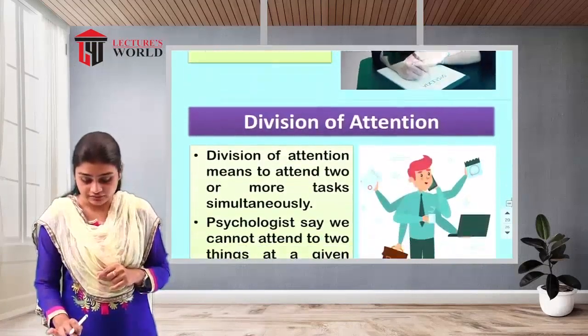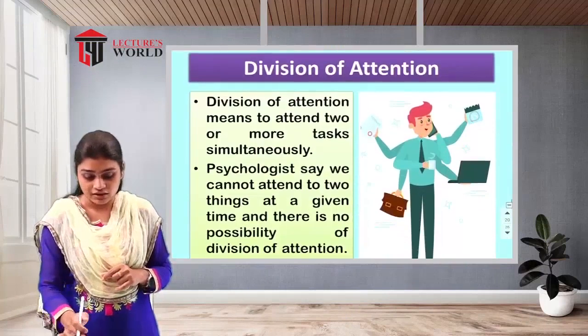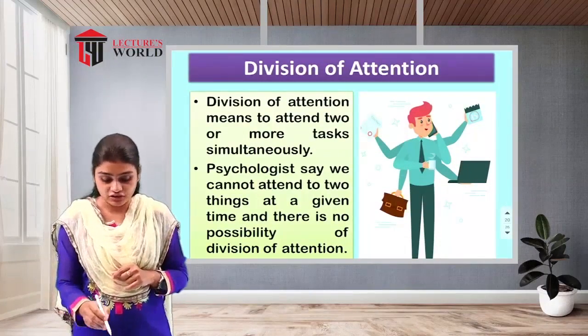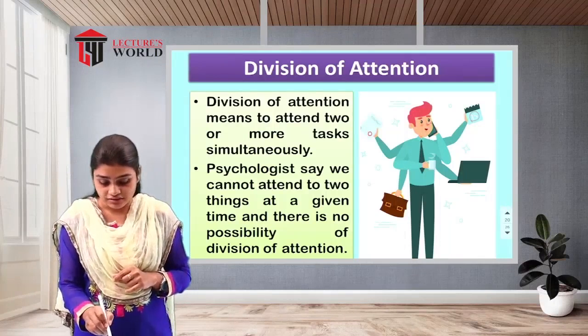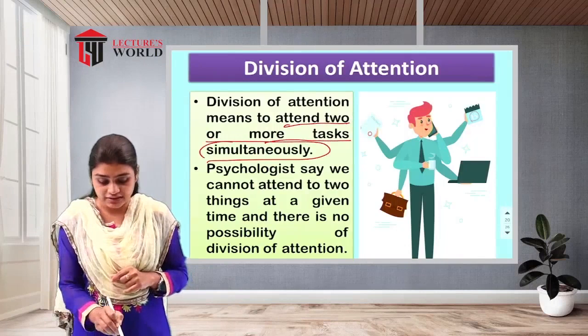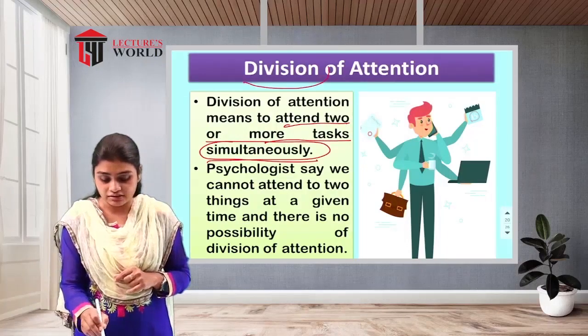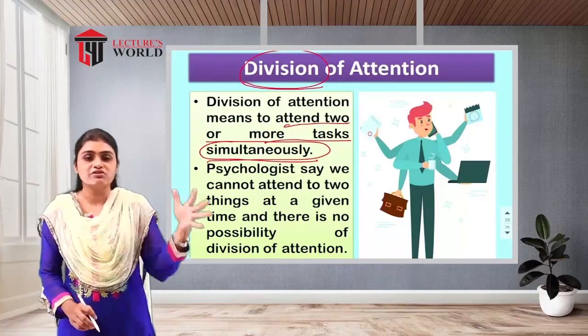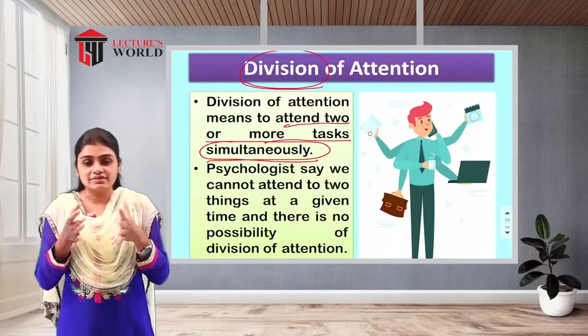Then we have division of attention. Let's see what this division of attention is. It means to attend to two or more tasks simultaneously. You can see in the word itself, division, that means we are dividing our focus or attention. The person is doing multiple activities at the same time.